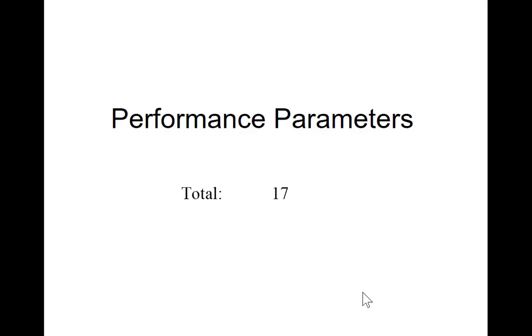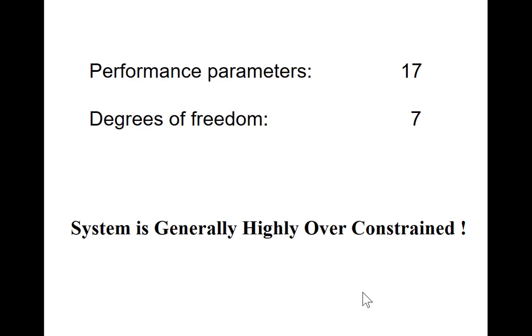Almost every design, you are probably at least going to look at most of these parameters. So we have 17 performance parameters and 7 degrees of freedom. So we're really highly over-constrained. Even though we have a lot of degrees of freedom, even though we have 7 degrees of freedom, we have more performance parameters than degrees of freedom.